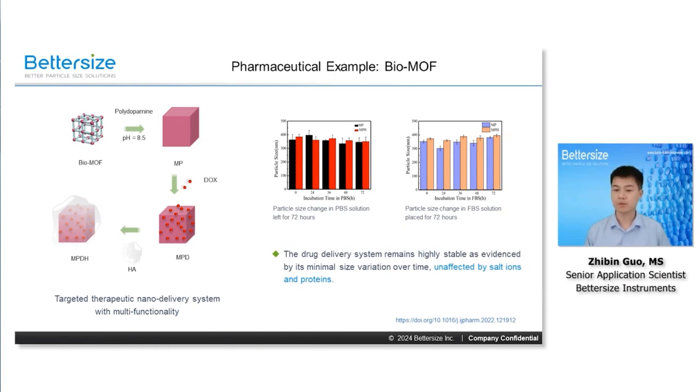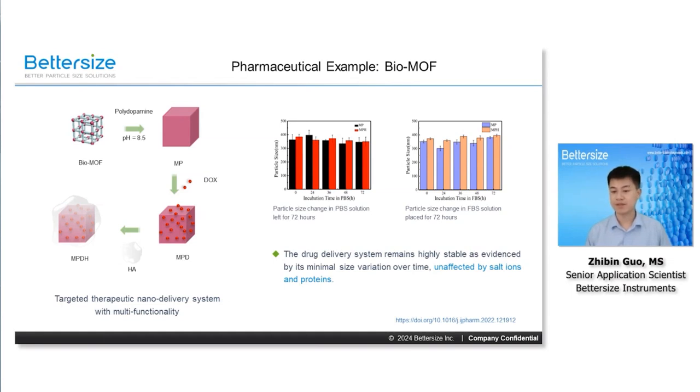This modification is crucial as it allows for the drug delivery system to target specific cells more effectively, potentially reducing side effects and increasing treatment efficacy. To evaluate the stability of both MP and MPH nanoparticles under conditions that mimic the human body, researchers incubated them in different environments, PBS and FBS.